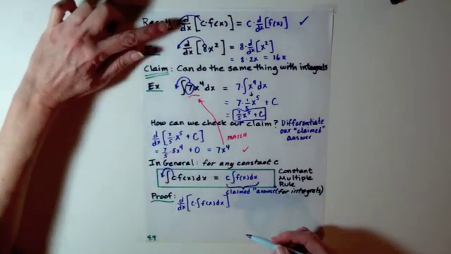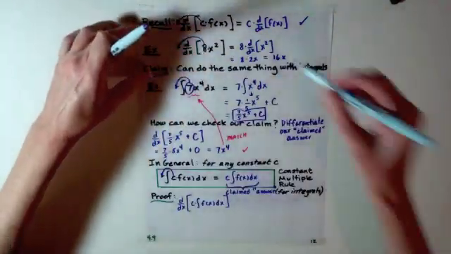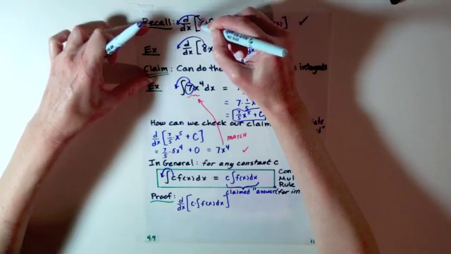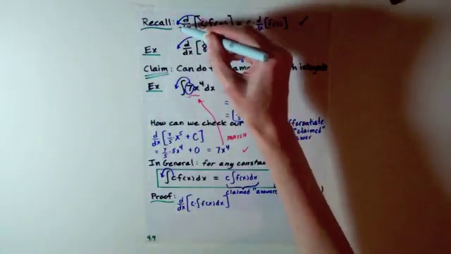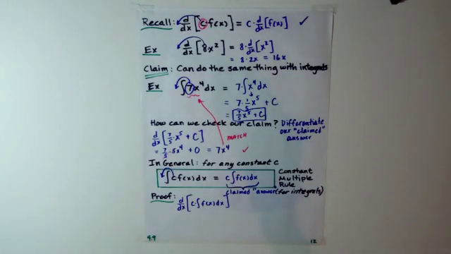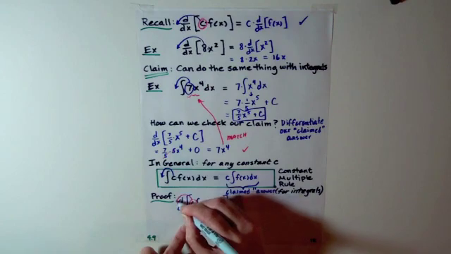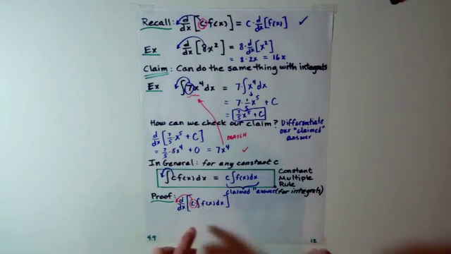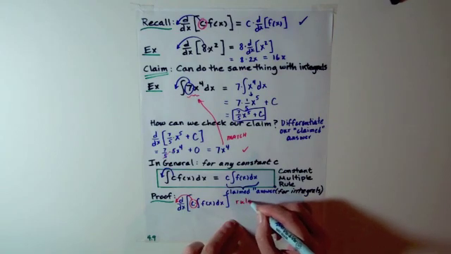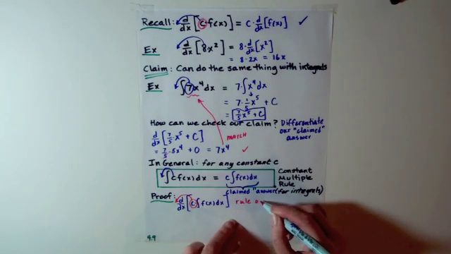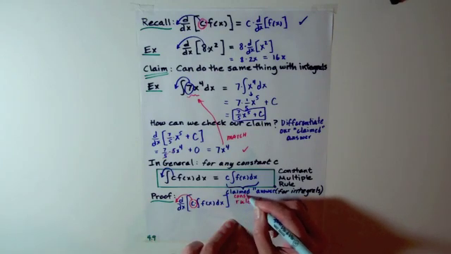And we already had a rule for derivatives that said with a constant multiple of a function in a derivative problem, we're allowed to pull the constant outside of the differentiation symbol. So I should be able to pull this outside of the derivative operator, and that's using a rule that we already proved in an earlier section, the constant multiple rule of differentiation.